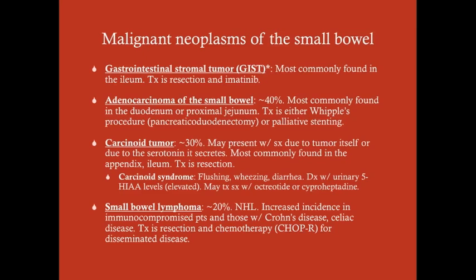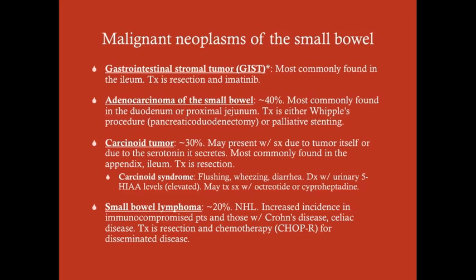So the treatment for carcinoid tumor is resection. For acute symptoms of carcinoid syndrome, you can administer the patient octreotide or cyproheptadine. Cyproheptadine is a serotonin antagonist, and octreotide is a somatostatin analog.